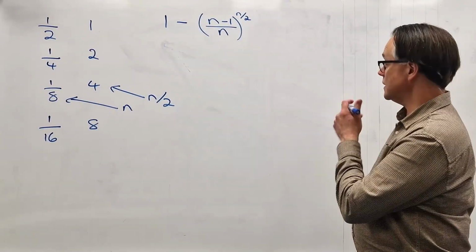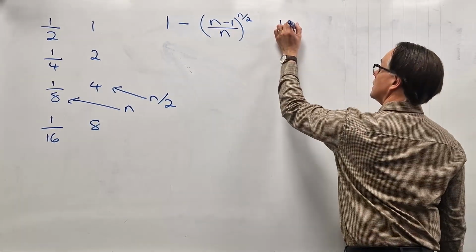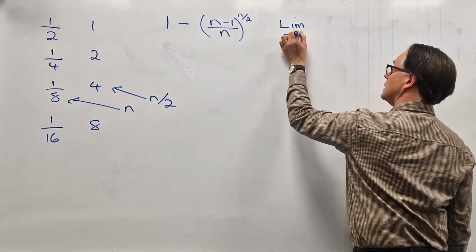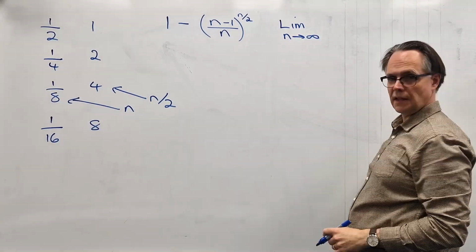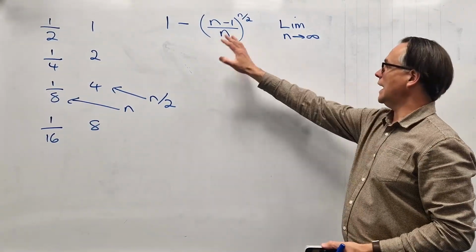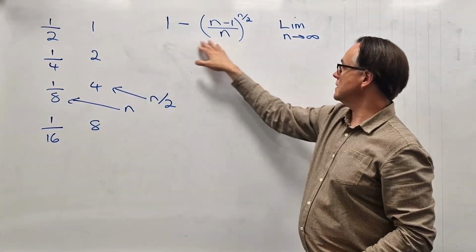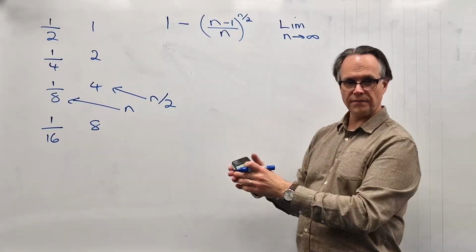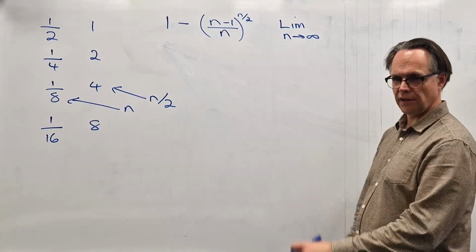We actually call this the limit as n tends to infinity. That's what mathematicians call it. It means as n gets bigger and bigger, is this heading towards some kind of target value that it's not going to go beyond.